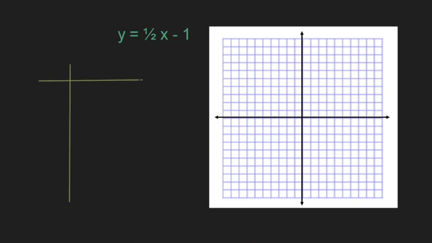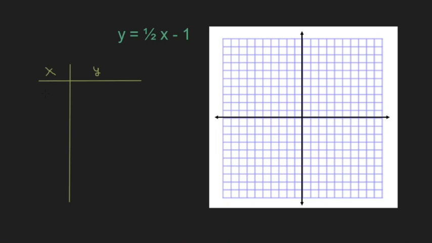I'm making a little t-chart, and this is going to be the x, and this is going to be the y. Whatever I put into x, what will our y be? It's kind of like an in and out machine. I put in an x, and a new y comes out.